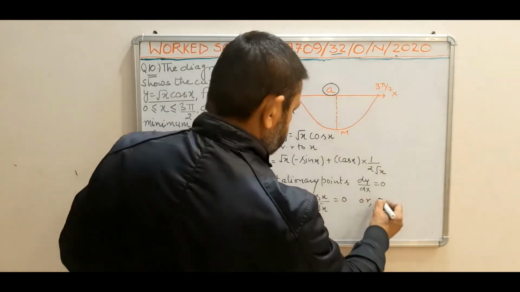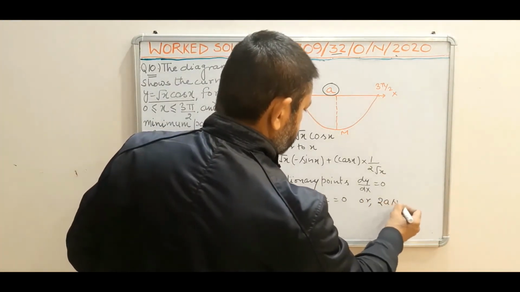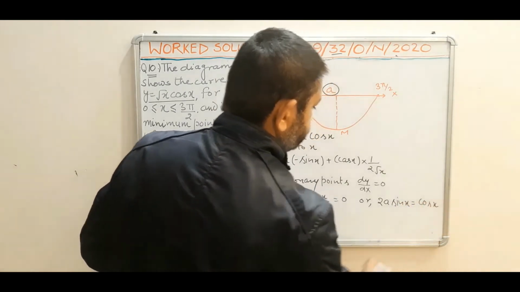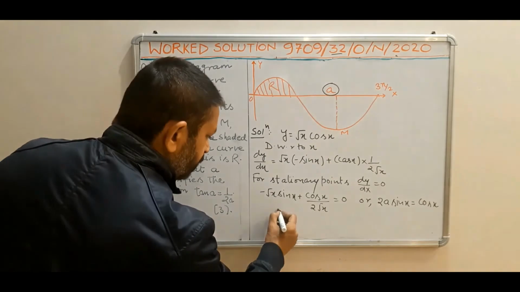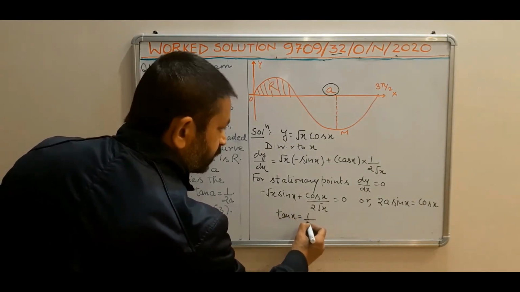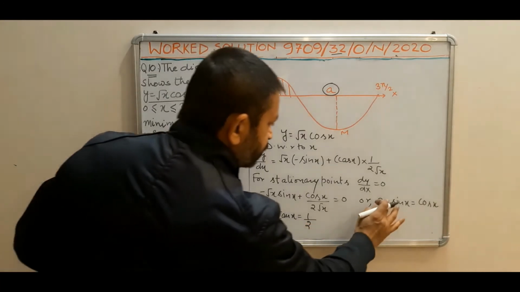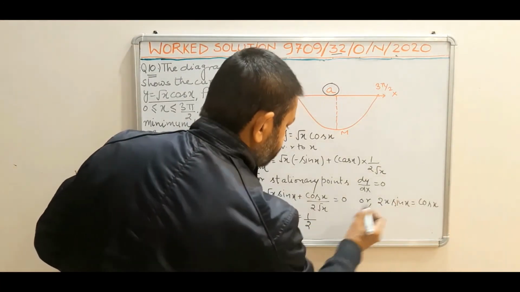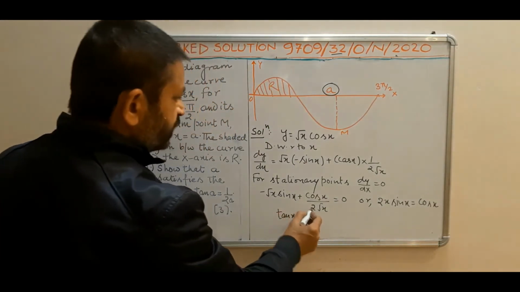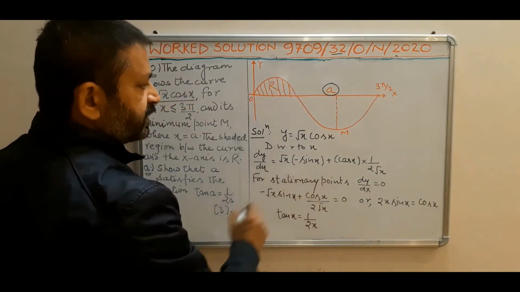So it will become 2x sin x is equal to cos x, which will become tan x is equal to 1 upon 2x. Okay, so this is the result we are getting after putting dy by dx is equal to 0.